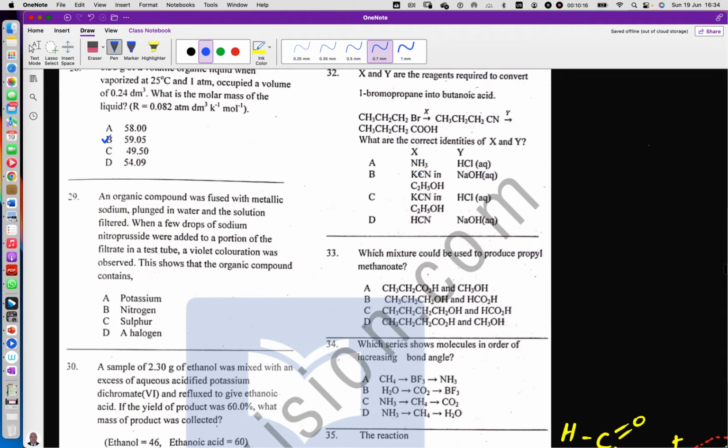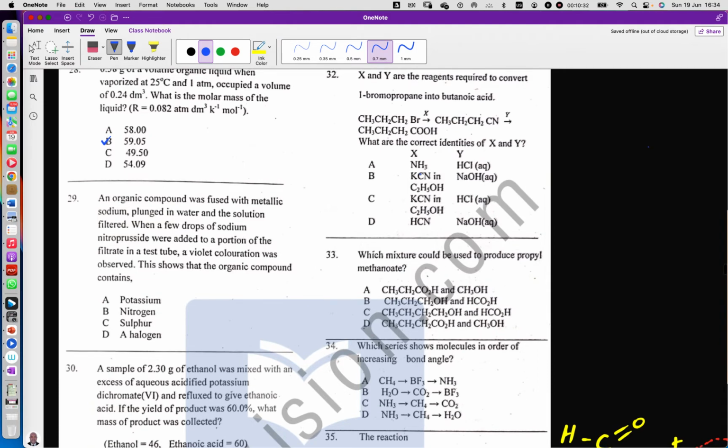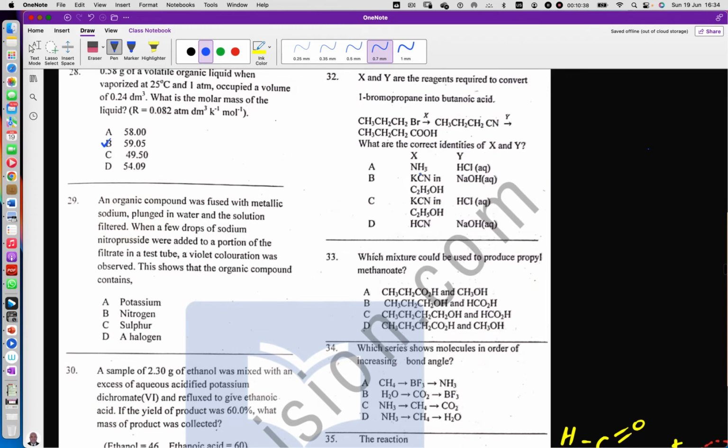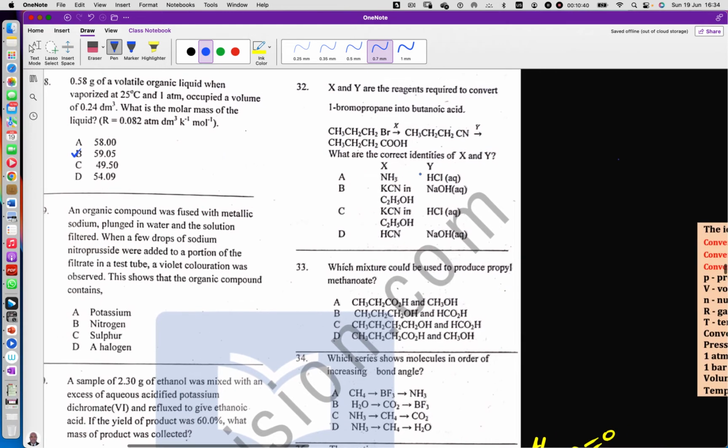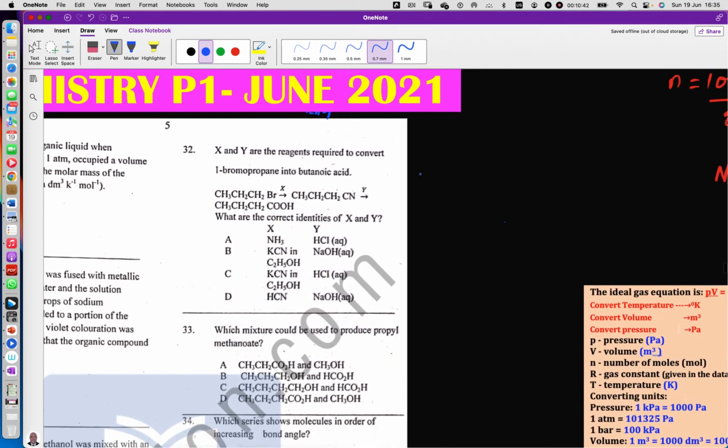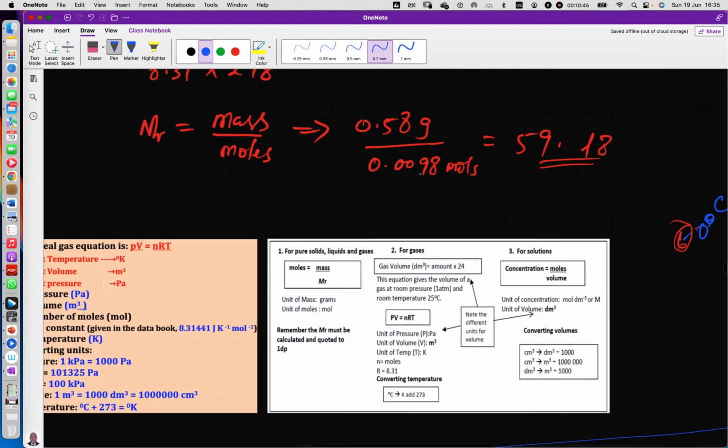When a few drops of sodium nitroprusside were added to a portion of the filtrate in a test tube, a violet coloration was observed. This shows that the organic compound contains: A. Potassium, B. Nitrogen, C. Sulfur, D. Halogen.